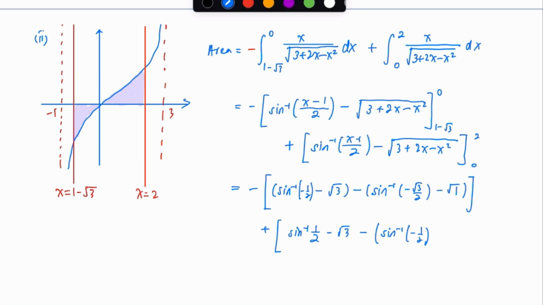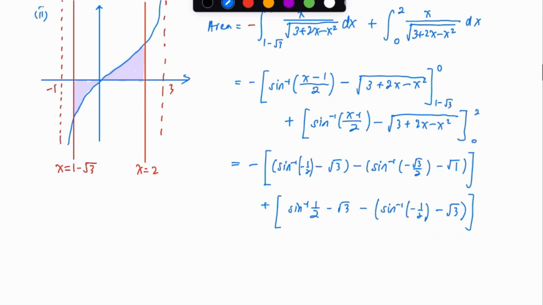Substitute the values, minus root 3, like that. So all together, once you simplify all the way, this one I let you do patiently. You should be getting pi over 6 plus root 3 minus 1.